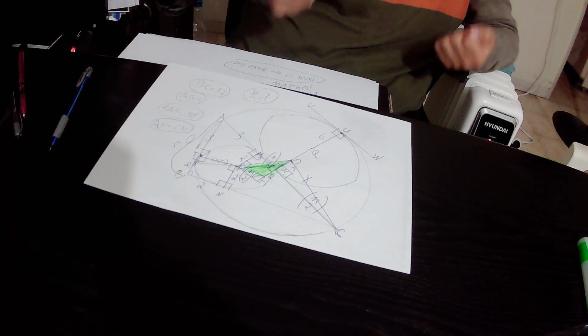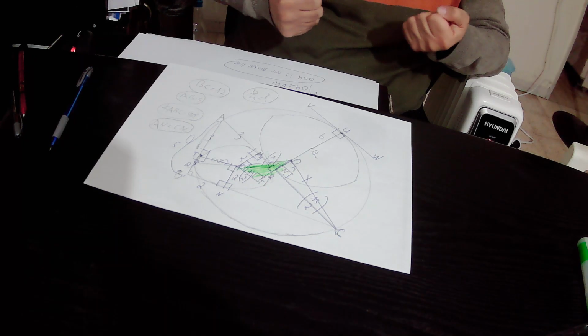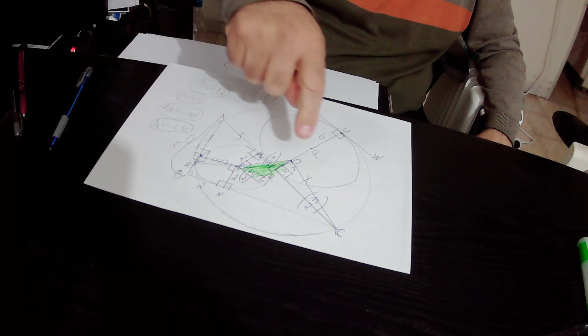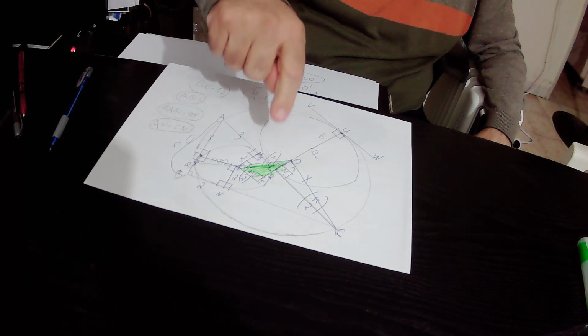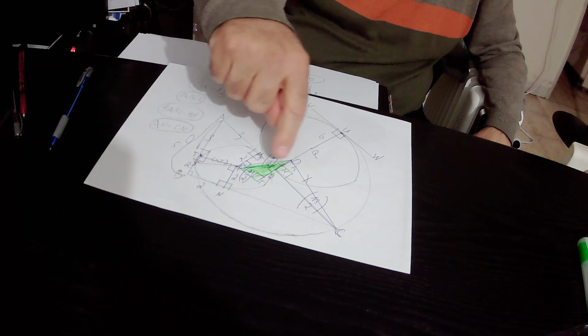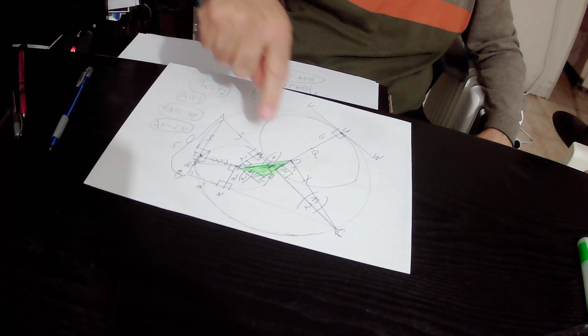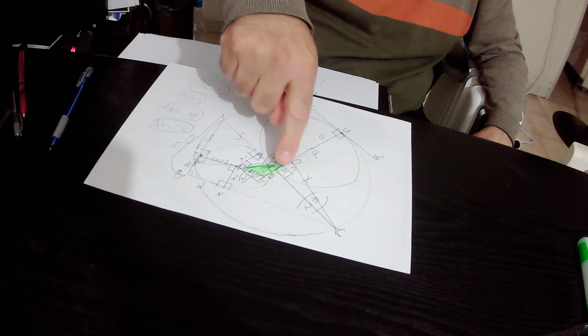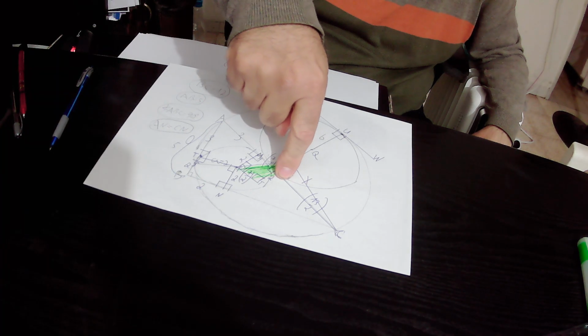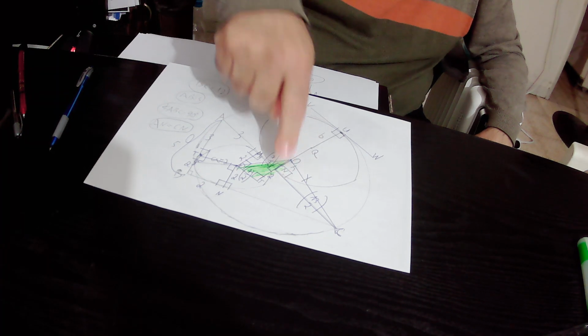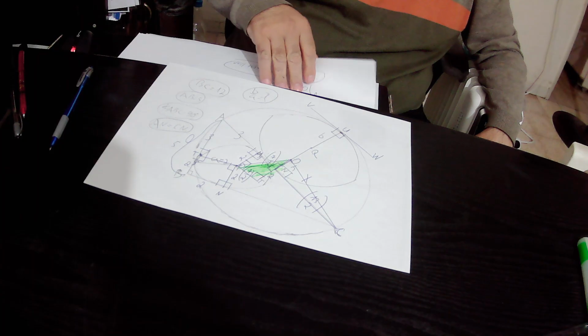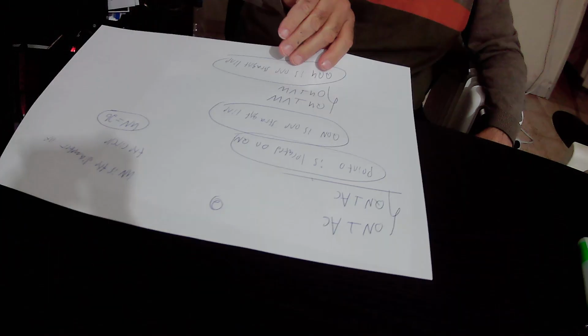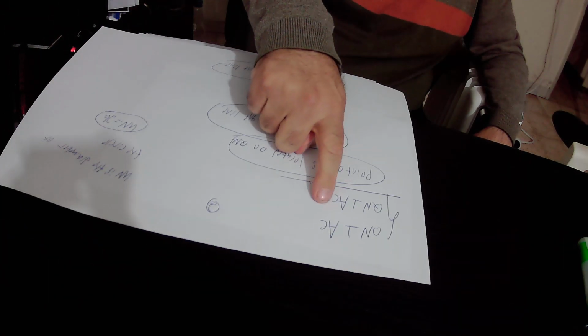And therefore, according to rule number 7, ON that bisects chord AC must also be perpendicular to chord AC. So ON is perpendicular to AC. That is to say this angle equals 90 degrees and this angle equals 90 degrees. According to rule number 7, I can write down here that ON is perpendicular to AC.